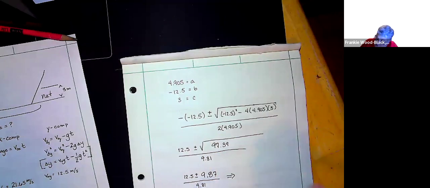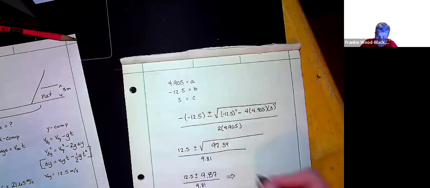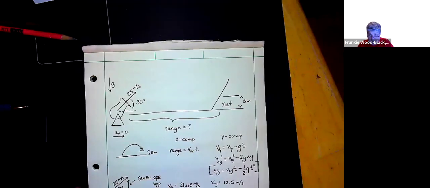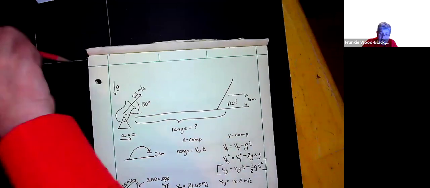So that gives me a value of 0.268 seconds or 2.28 seconds. So to understand those values, I need to look at my arc.